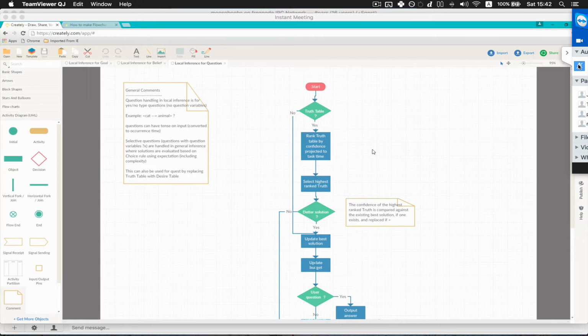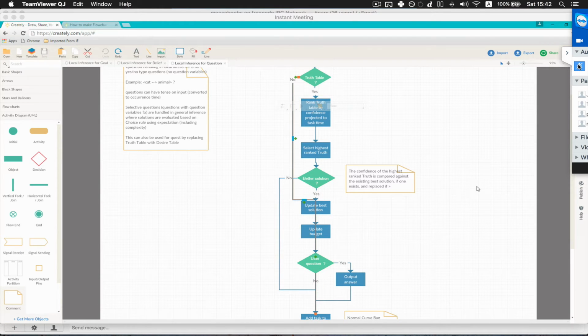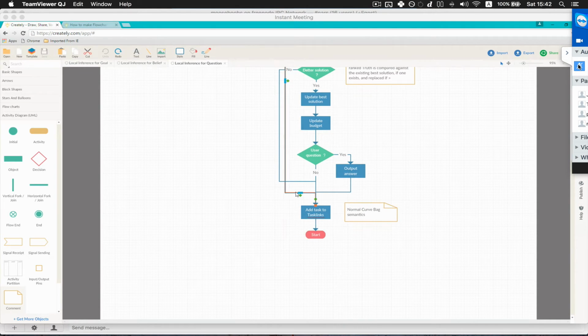The confidence. Oh, up there. Let me put that back. I'm not sure that's going into the right place at the moment. It's moved for some reason. Where is the end of that? Oh, I see. That should be down there.